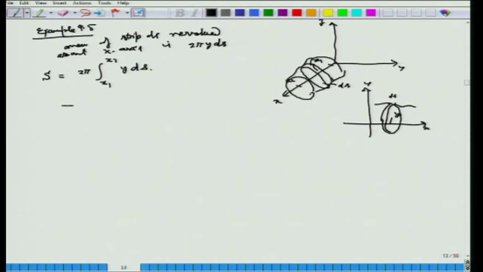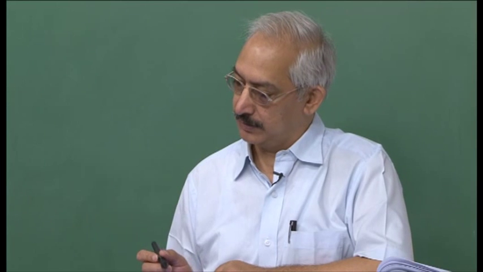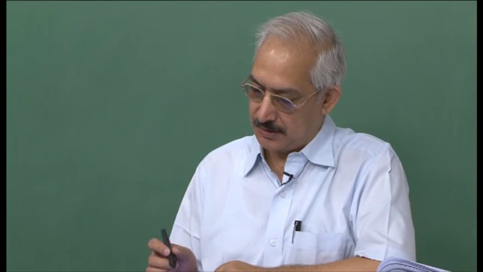Therefore, this is 2 pi integral from x1 to x2, and ds is given by square root of 1 plus y prime square dx. So, that is the surface area of the object obtained by revolving this curve about the x axis.